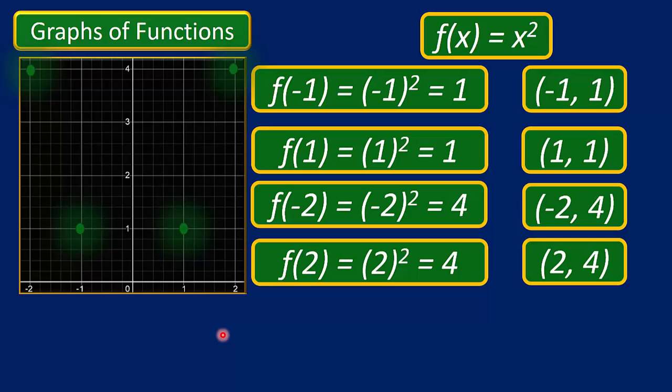The more function values we evaluate, the more points we generate, the more we can see the shape of the function. If we connect all these values, what we would get is a curve like this. And for this particular function, f of x equals x squared, that's what it looks like.